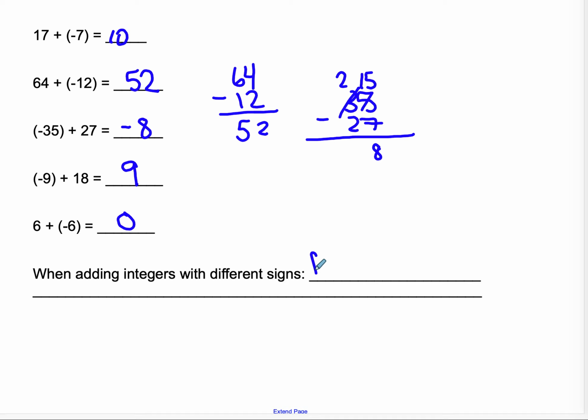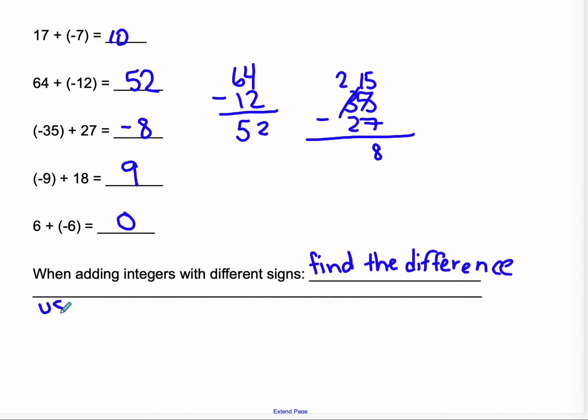When we add integers with different signs, we find the difference. Different signs, find the difference. And then, I'm going to write it under here instead of trying to squeeze it on the line.